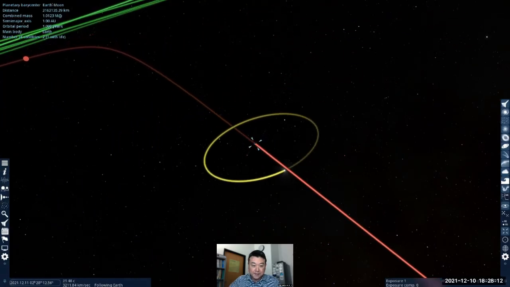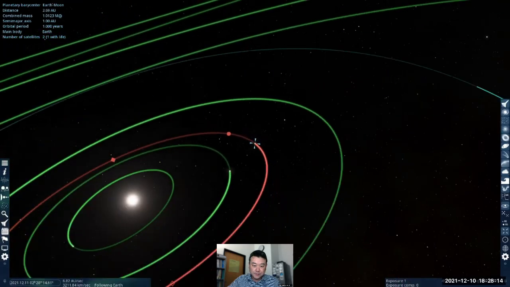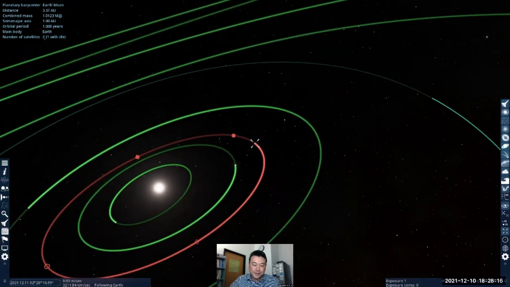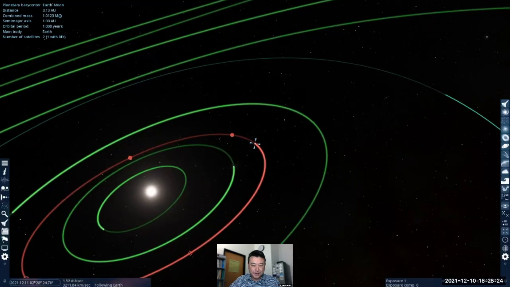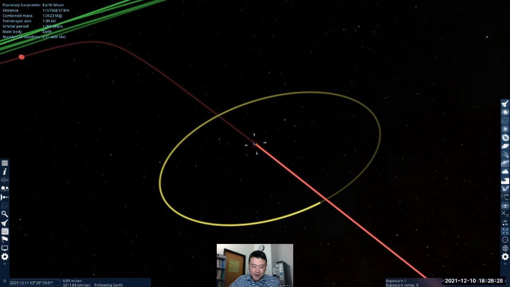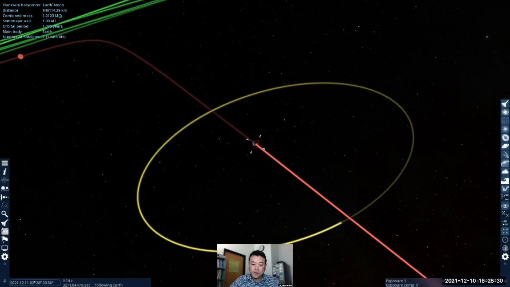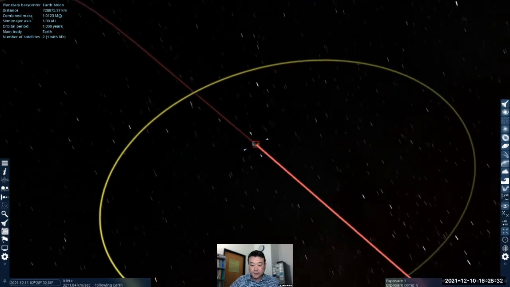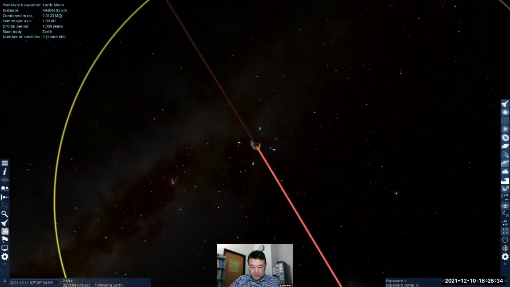To show that, I had to zoom way out. When I zoom way out with the sun in view, you can see this is the orbit of the Earth and Moon system around the sun. Let me go back. So what these orbits are describing is the orbit of the Earth-Moon system around each other.